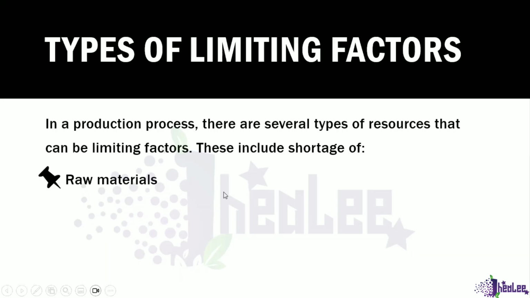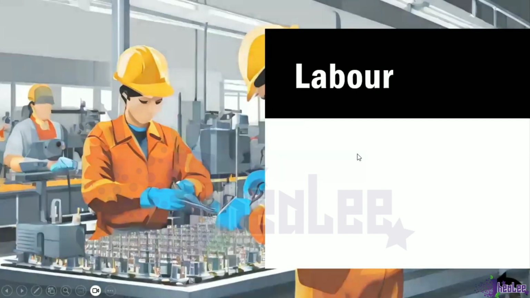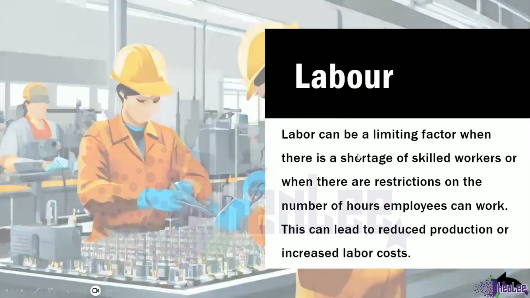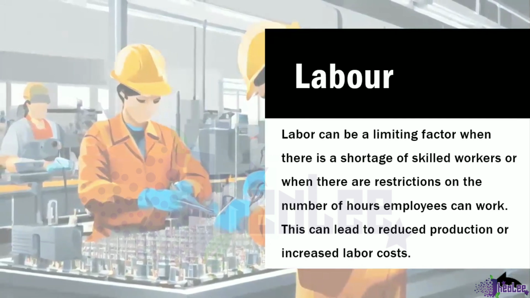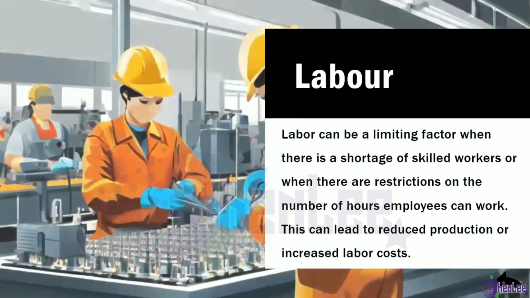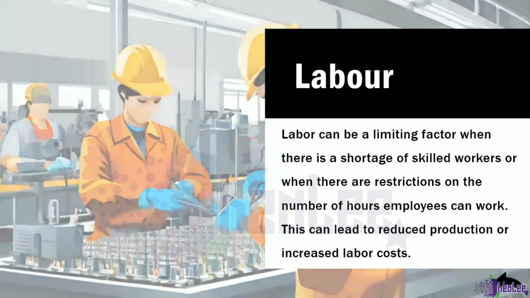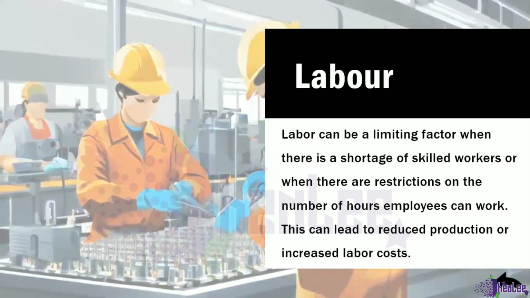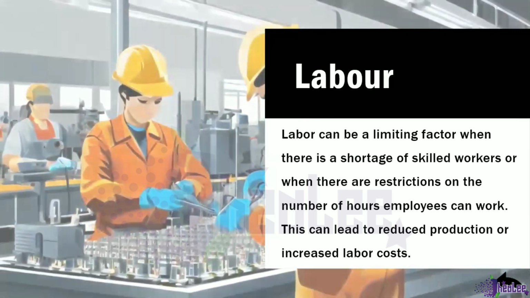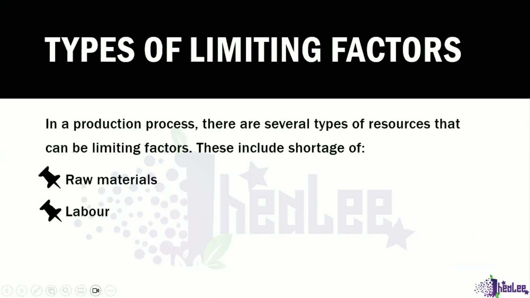Another type of limiting factor is a shortage of labor. Labor can be a limiting factor when there is a shortage of skilled workers or when there are restrictions on the number of hours employees can work. This can lead to reduced production or increased labor costs.